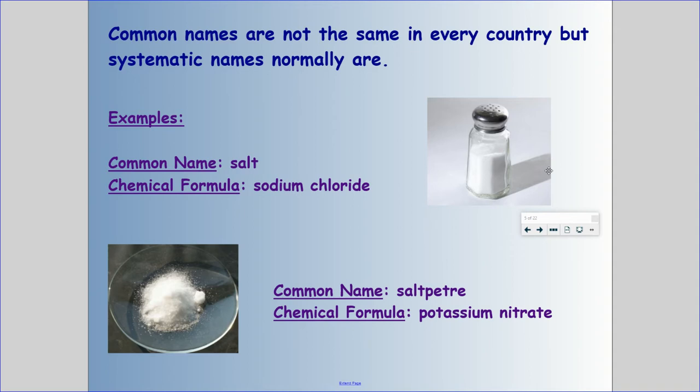Sodium chloride doesn't change, but the word salt may change from language to language. The common name saltpeter may not be the same around the world, but the chemical name potassium nitrate is. So again, all this means is that when we're talking about things around the world, we use this system to help us name things so we can communicate with people in different countries.